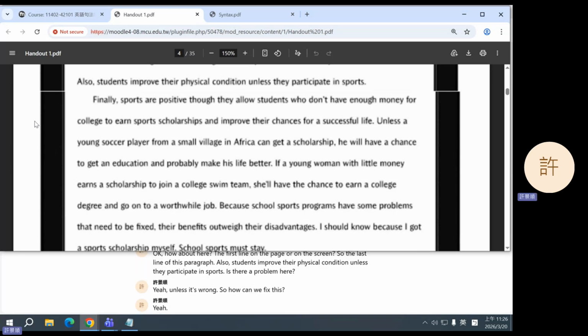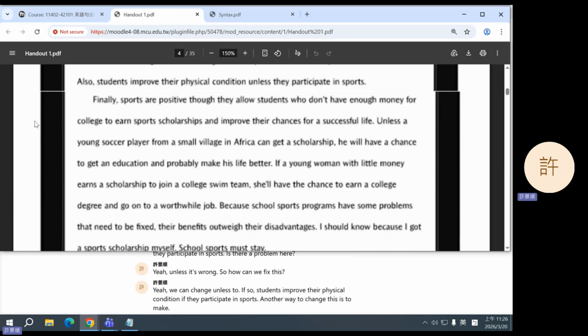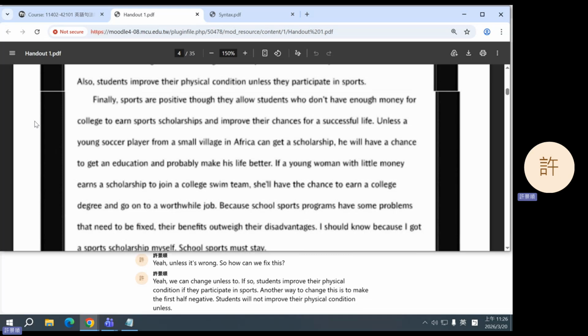Yeah, we can change unless to if. So students improve their physical condition if they participate in sports. Another way to change this is to make the first half negative. Students will not improve their physical condition unless they participate in sports also works. But changing it to if is the fastest way. Thank you.